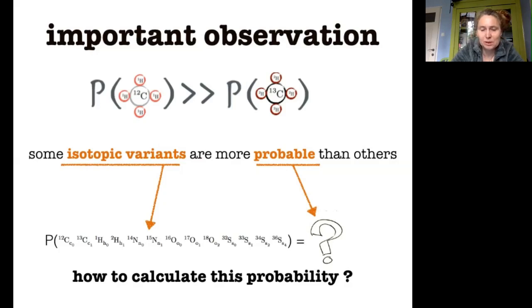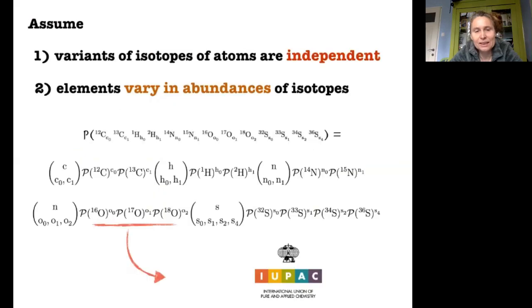And how to do it can be easily done if we assume that the variants of isotopes of atoms are independent, and of course we use the proportion of different stable isotopes in nature.